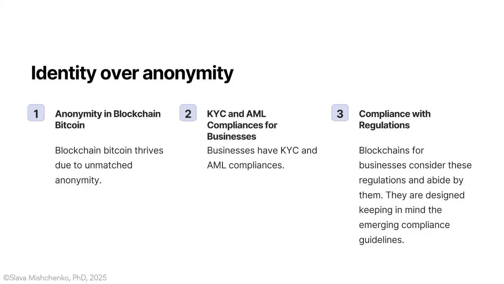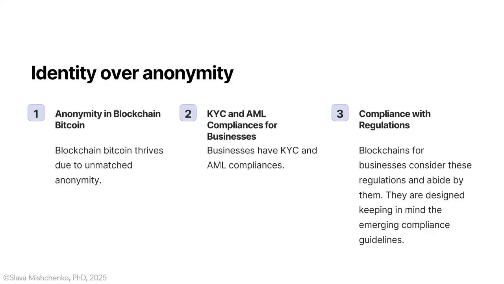That's what makes it so unique. That is, users can conduct transactions without revealing their real identities. However, in my work with businesses, I have found that this approach simply doesn't align with real-world business requirements. So, let me break this down into three key points.